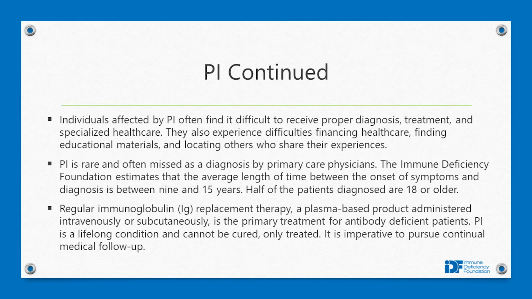This estimate does not include the thousands of undiagnosed individuals, considering PI is a rare and often misdiagnosed condition, with the average time between onset of symptoms and diagnosis being 9 to 15 years. About half of individuals with PI aren't diagnosed until adulthood.